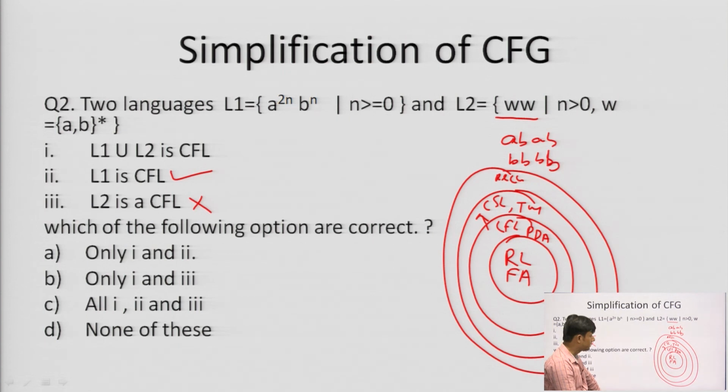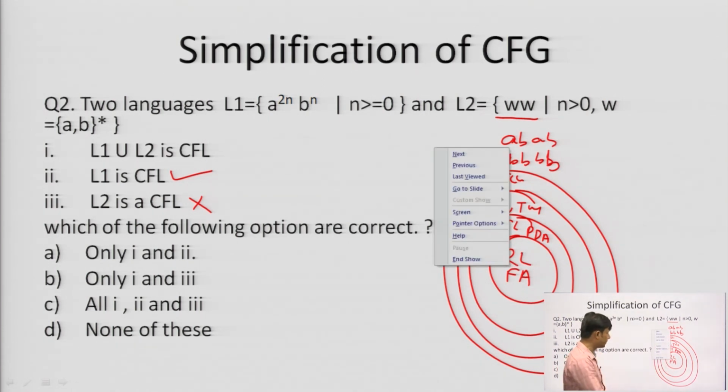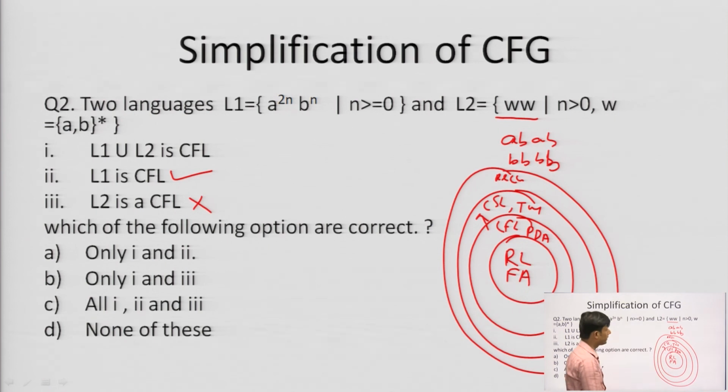You will see in this Venn diagram that a regular language can be accepted by finite automata, pushdown automata, Turing machine, or any other higher machine. Similarly, a CFL can be accepted by a PDA and also by the Turing machine.